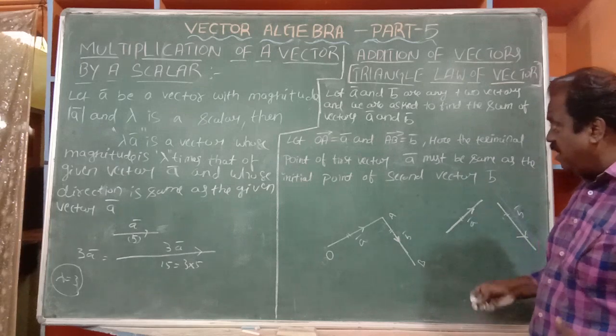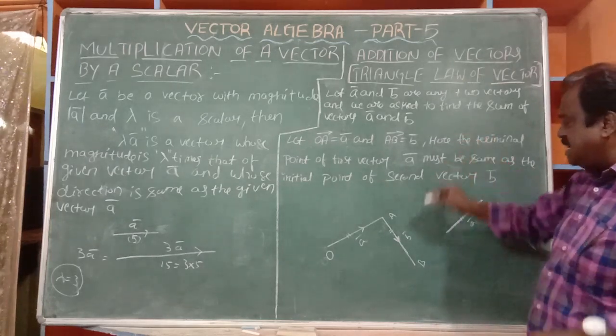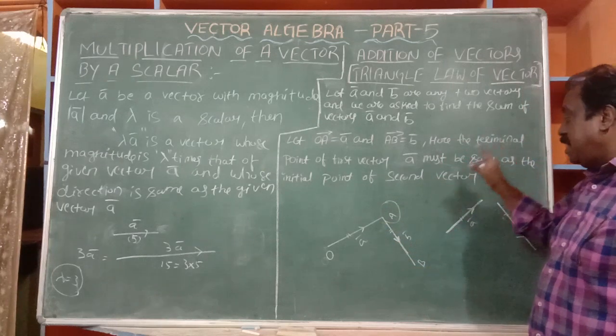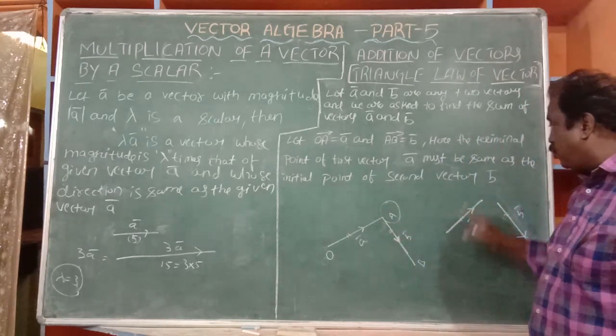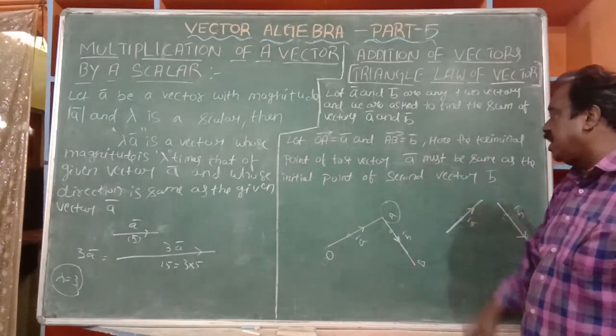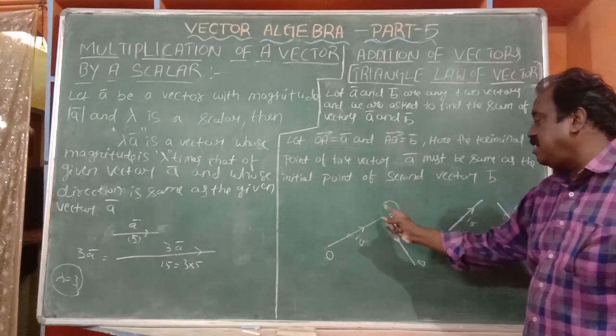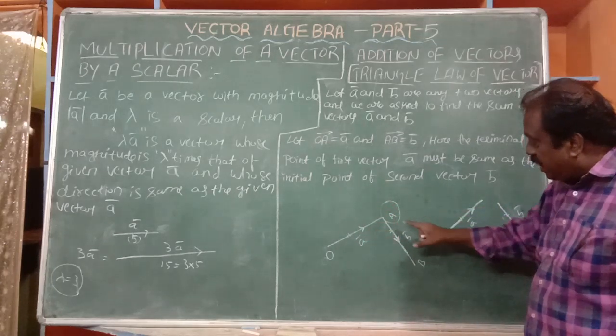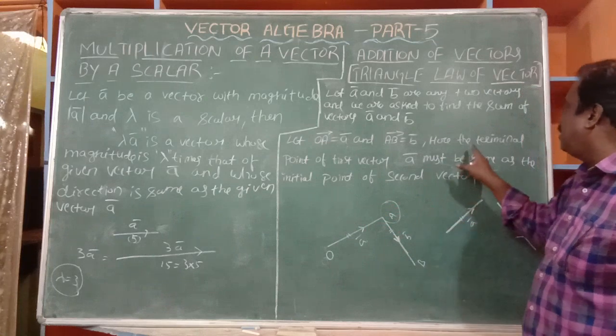How? Here is a very good condition. You see, the terminal point of the first vector must be equal to the initial point of the second vector. Here A is the terminal point of the first vector A bar and also the initial point of B bar. That is the thing.